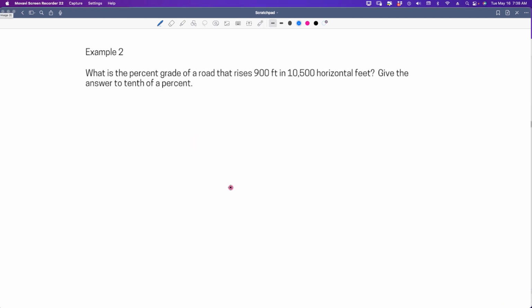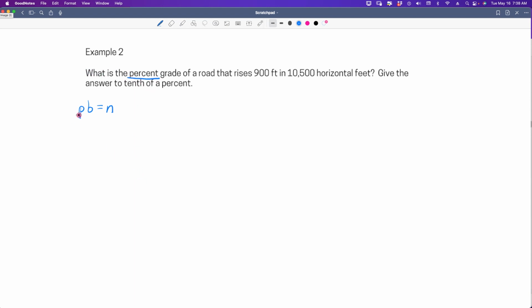In example 2, it says, what is the percent grade of a road that rises 900 feet in 10,500 horizontal feet? So we're going to again use percent times the base is equal to the number. So what we don't know is the percent. That is our unknown value.